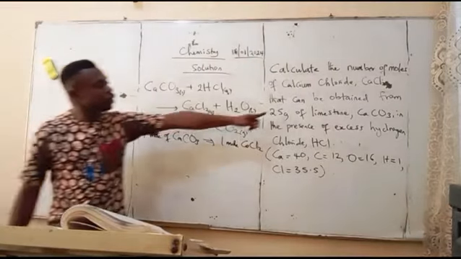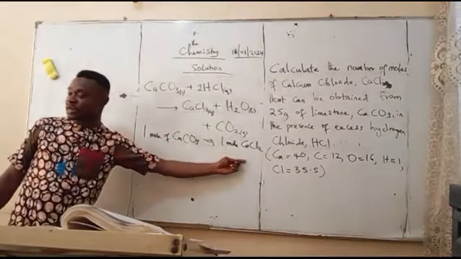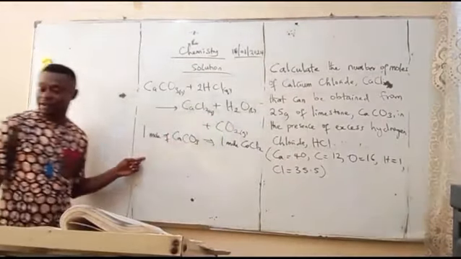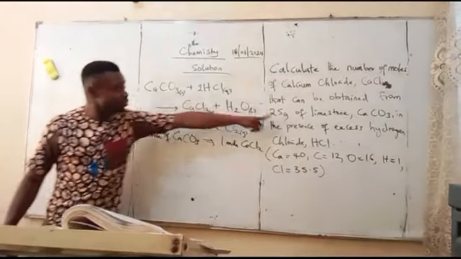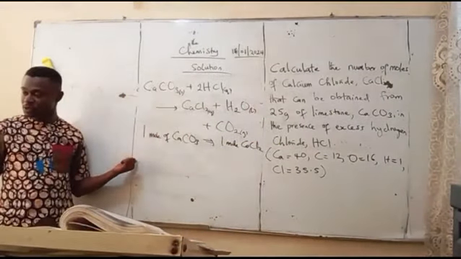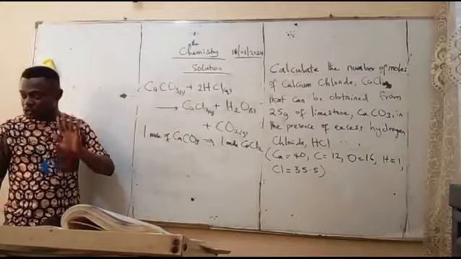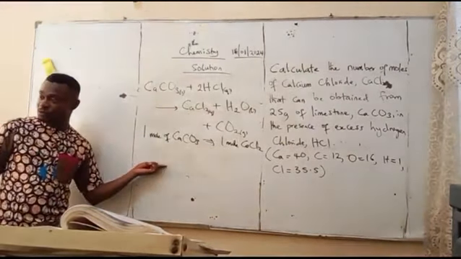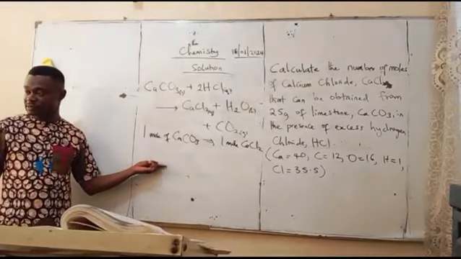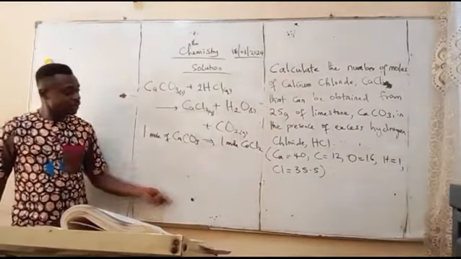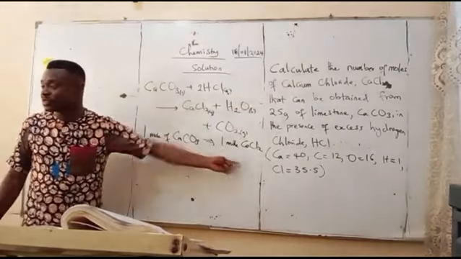But we are told what is the mole of calcium chloride that will be yielded by 25 gram. They have moved the amount to gram, in mass, instead of mole. The best way to solve this question is to just move this to mass, bring down this mass, set a proportion and know what this mass can produce here.